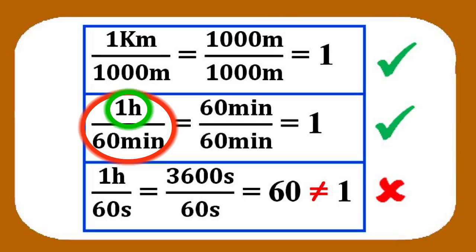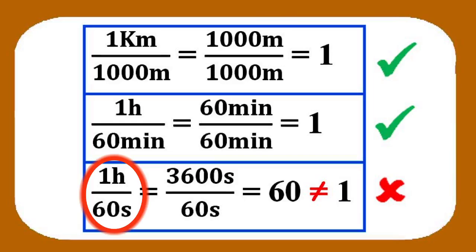Because 1 hour is equal to 60 minutes. Each of these fractions is useful for its own issues. But note that the following fraction is not a conversion factor, because 1 hour is equal to 3600 seconds, so it is equal to 60, but it must be equal to 1, which is not.